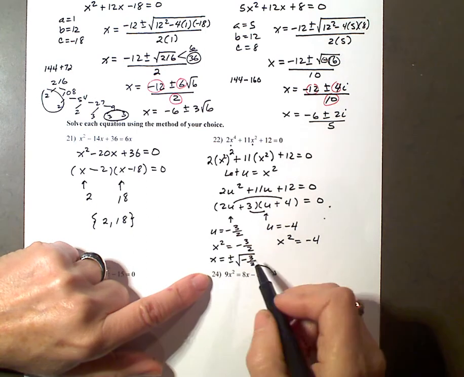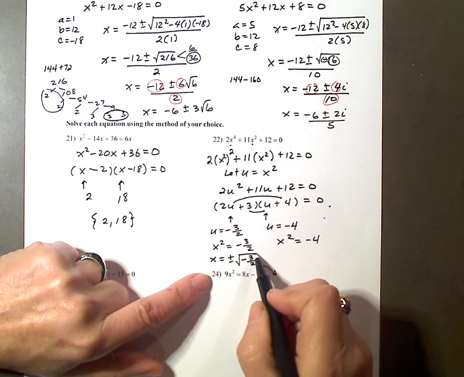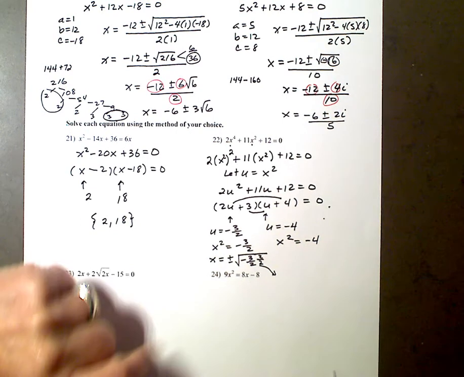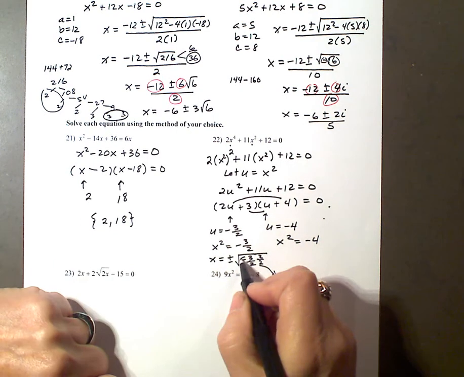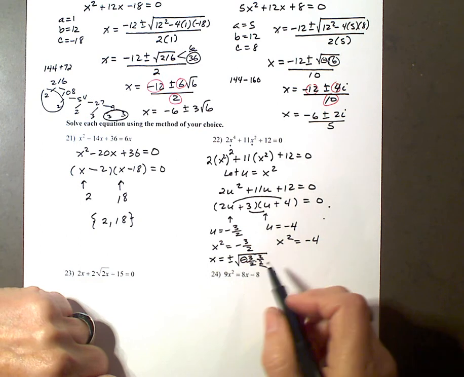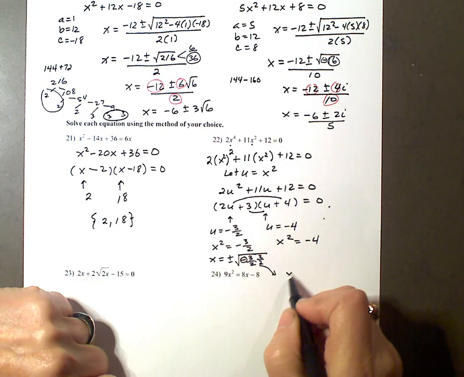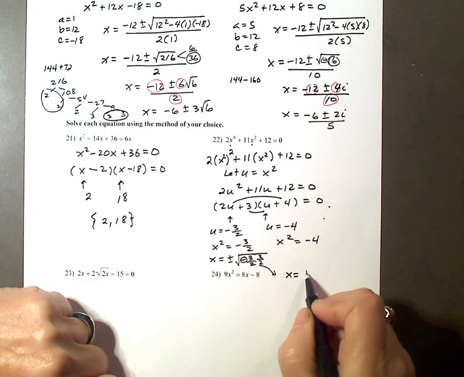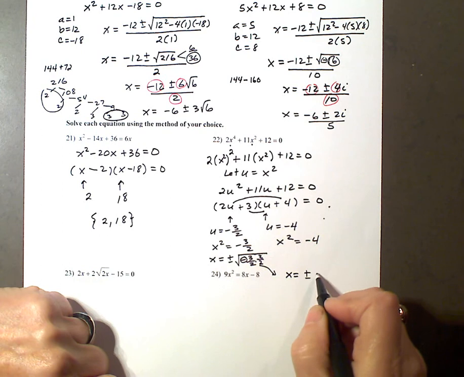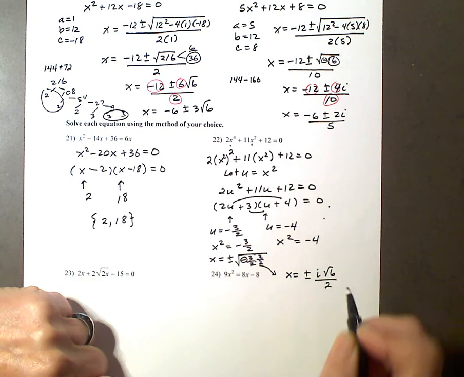I have to rationalize that denominator, so I'm going to pull this out and multiply by 1 in the form of 2 over 2. So I'll get the square root of 4 in the denominator, so I'll have a 2. So x is equal to positive or negative i root 6 over a rational 2.